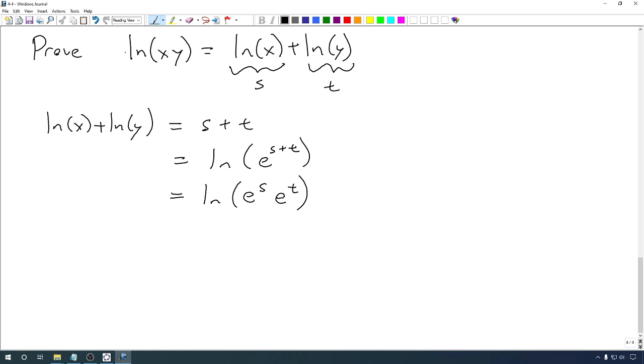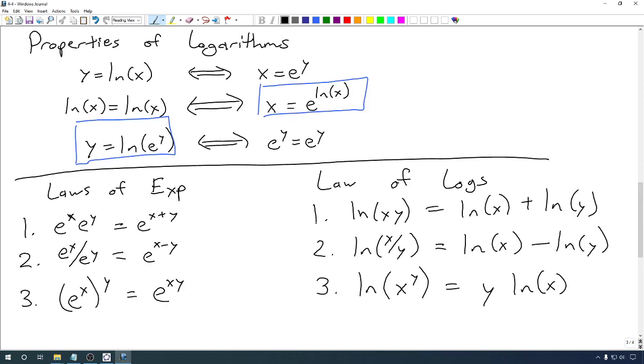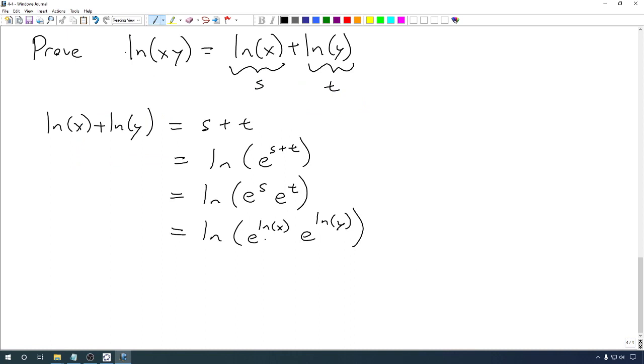But now I know what s and t are. We have the natural logarithm of e to the ln of x, because that's what s was, and e to the ln of y, because that's what t was. And now I can use my other property, that e to a natural logarithm cancel each other out. So e to the ln of x is just x.